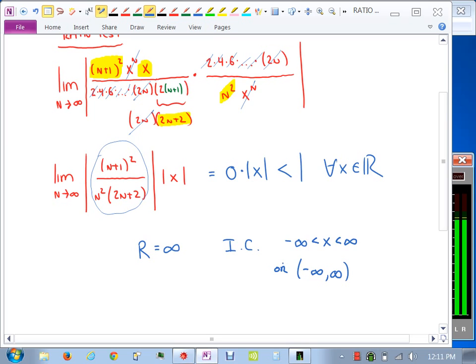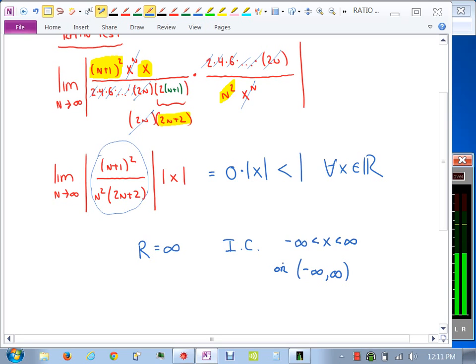But remember, don't put brackets on infinity. So we don't have to test endpoints, because you don't have endpoints. Of the 3 possibilities, we've seen 2. We've seen an interval, we've seen everything, but we haven't seen just one thing.